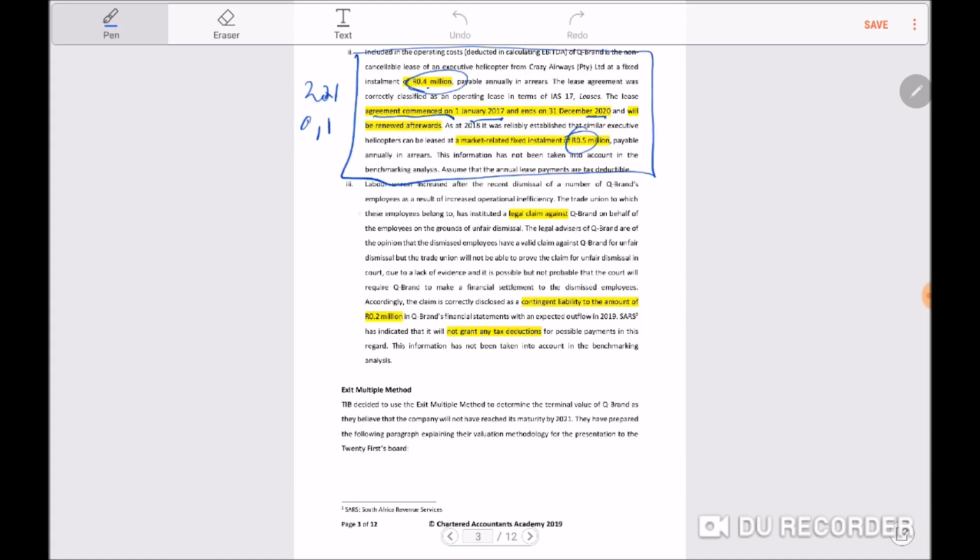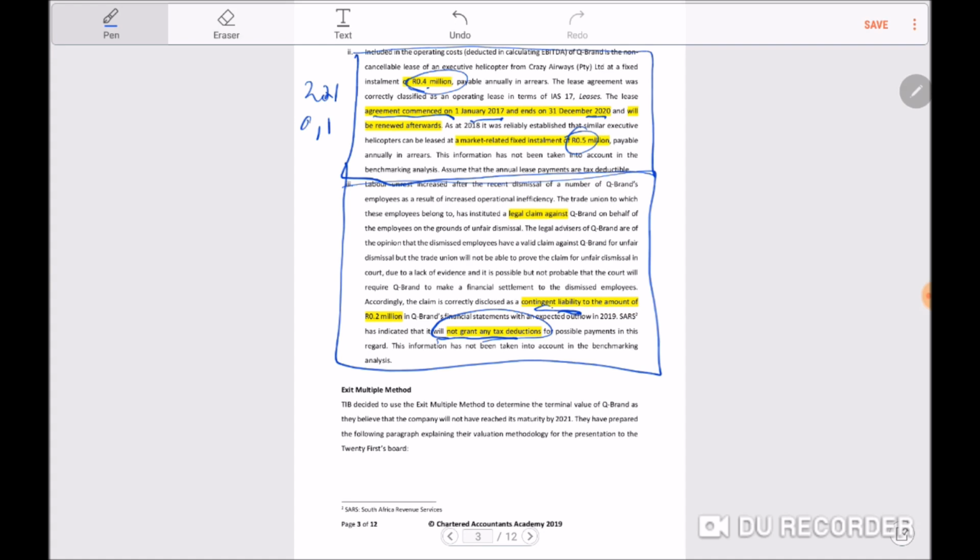For example, we have this legal claim. The legal claim was said no grant, SARS will not grant any tax deduction, which means this adjustment, this contingent liability, does not have any tax consequences. So on the adjustment side, since 21st is going to purchase Q brand, do you expect it to just ignore this contingent liability, or will it have to subtract it, assuming it's materialized and they have to pay it?